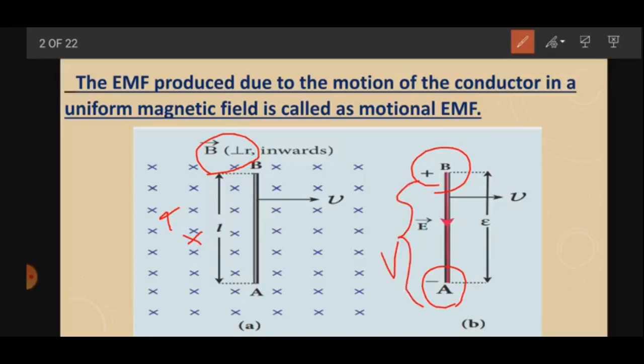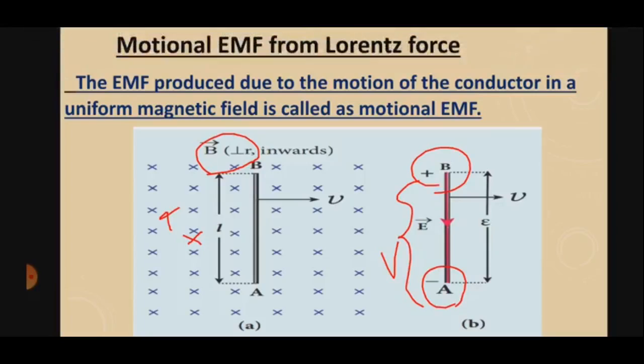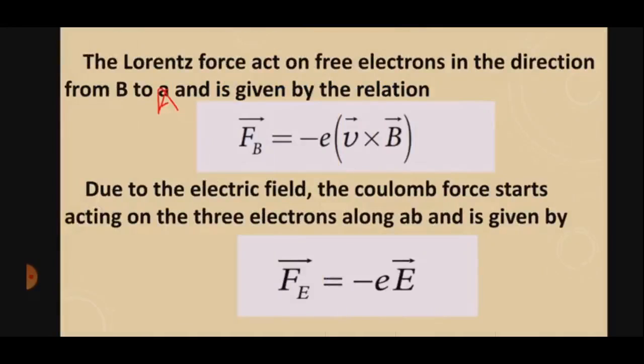The electrons will continue to move until an equilibrium condition is reached. When equilibrium is reached, the magnetic Lorentz force is equal to the electric force.